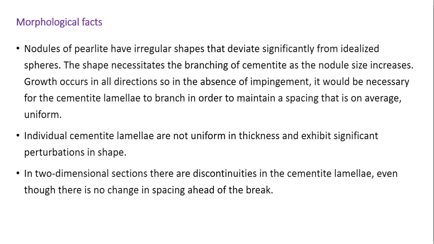Individual cementite lamella are not uniform in thickness and exhibit significant perturbations in shape. Perturbation is a deviation or disturbance. In two-dimensional sections, there are discontinuities in the cementite lamella, even though there is no change in the spacing ahead of the break.